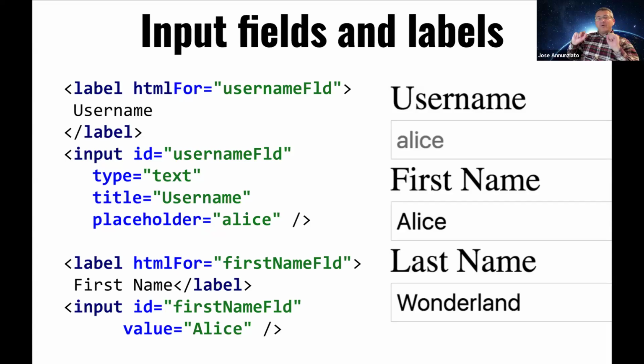Now, they do provide a type attribute. These are called attributes. Just like in XML, elements or tags have optional attributes that allow you to configure or customize the behavior of that tag.